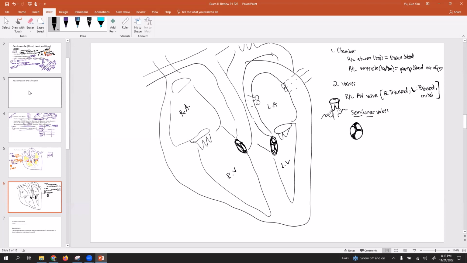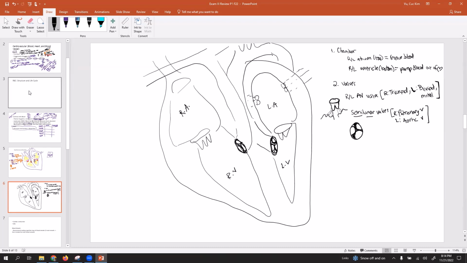Depending on which one, if we're looking at the one on the right-hand side, because it's attached to the pulmonary trunk, we call it the pulmonary valve. It's technically the pulmonary semilunar valve, but because that's such a long name, we just shorten it to pulmonary valve. And then on the left side, because it is attached to the aorta, we call it the aortic valve.